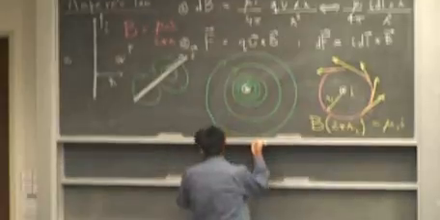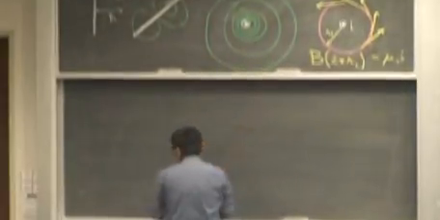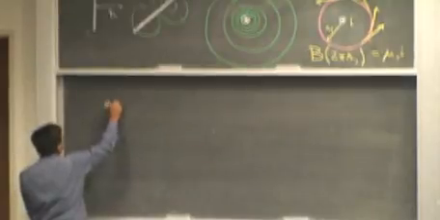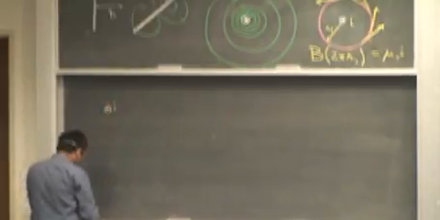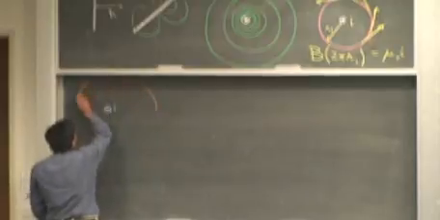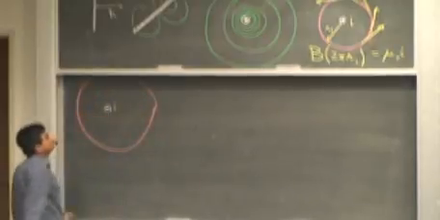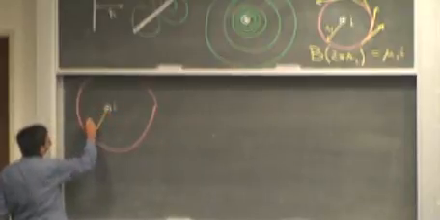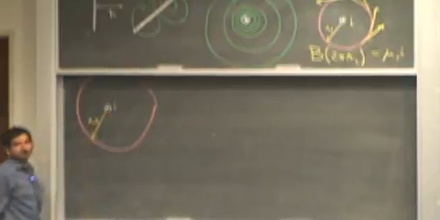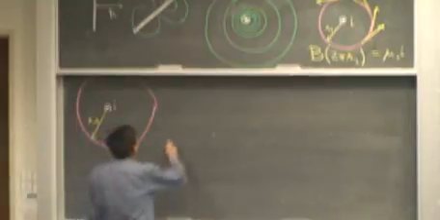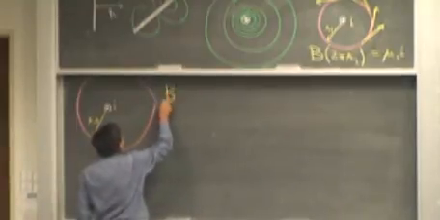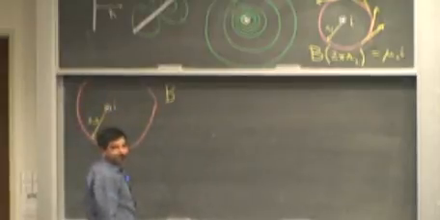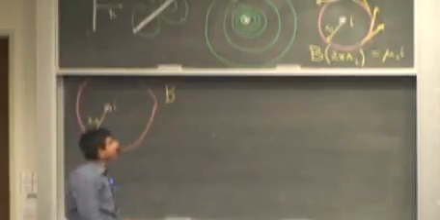Now what I would like to do, I would like to take the same amount of current I, and now I would like to draw a bigger circle around it. Now the radius of this circle is R2. Now the same formula would apply, and B at the location of this circle is going to be different.